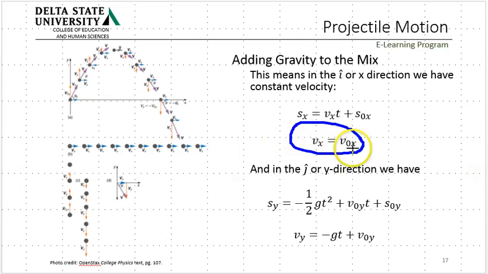So Vx is always whatever the initial velocity in x was. And then position in x is just linear with respect to time, because there is no t squared term, because the acceleration in x is 0. In y, we have minus 1/2 gt squared plus v naught y t plus s naught y. We've got our little second order polynomial for y that goes as t squared, and then the velocity in y has this term due to the acceleration of gravity, minus gt.